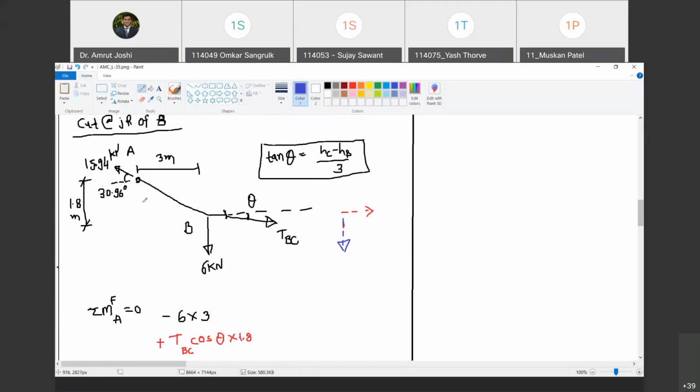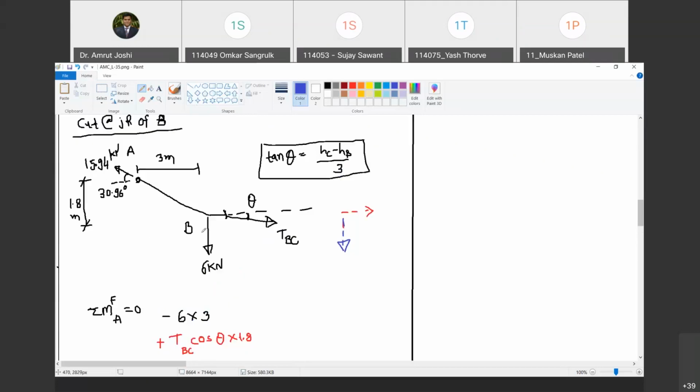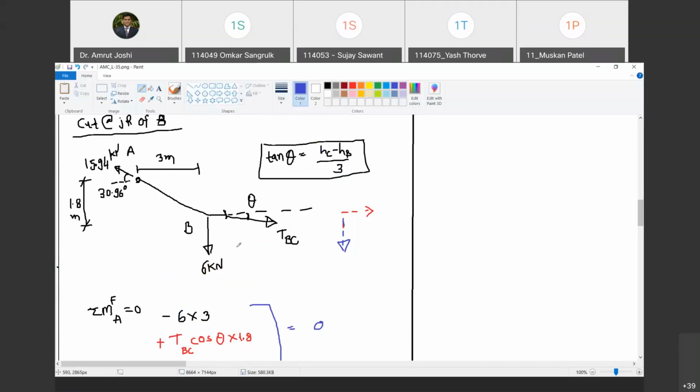It is minus because it produces clockwise moment about A. So minus TBC sine theta into what is the distance? 3 meter. Do you agree? Yes, sir. This has to be equal to 0. Are you with me? Yes, sir.